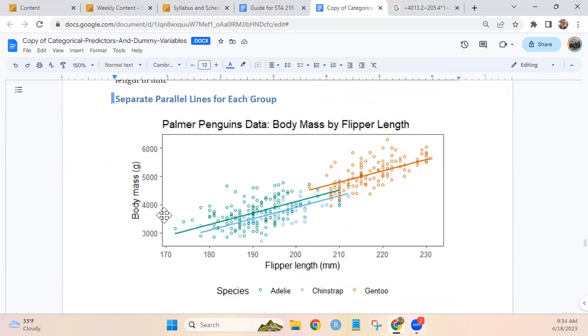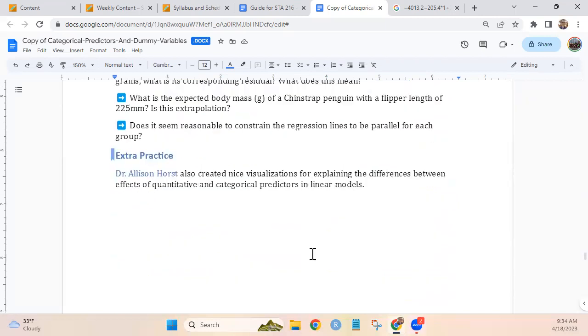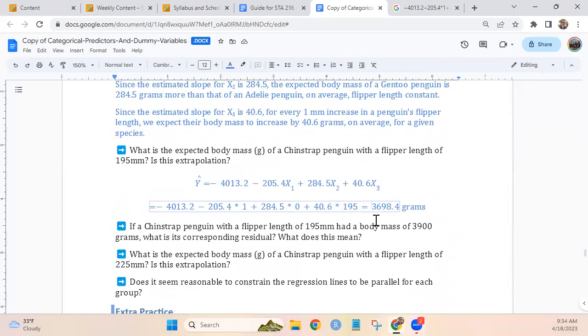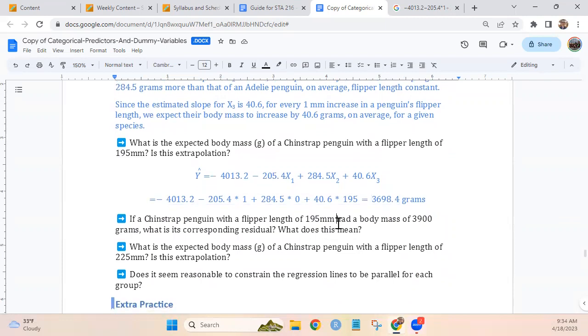Okay, let's look at the predicted value. It's like here. So is it like 3,800? That's 3,700. It's pretty close, yeah. Okay, so that seems like we calculated that correctly. Similarly, is this extrapolation?